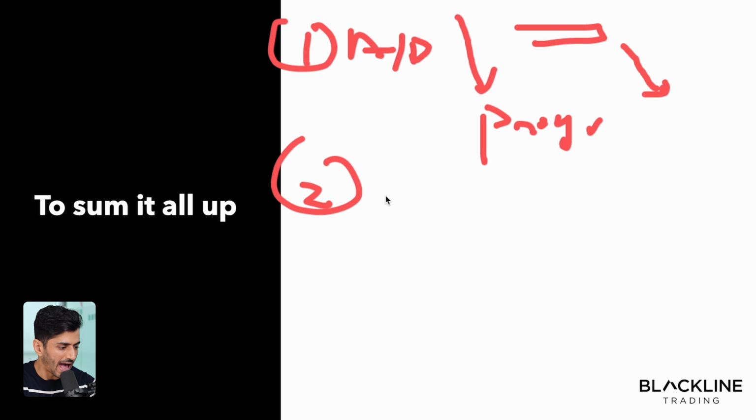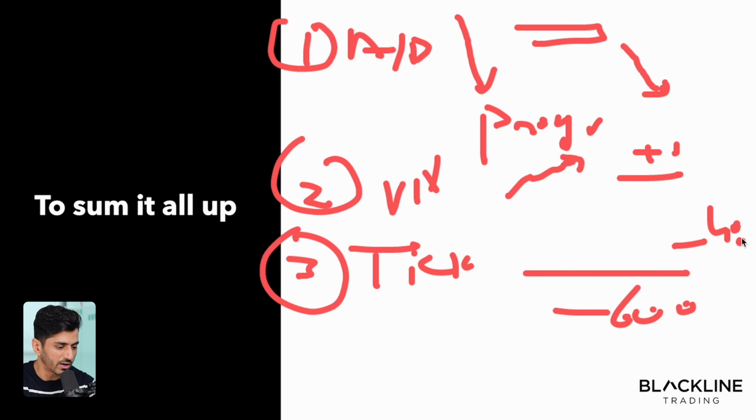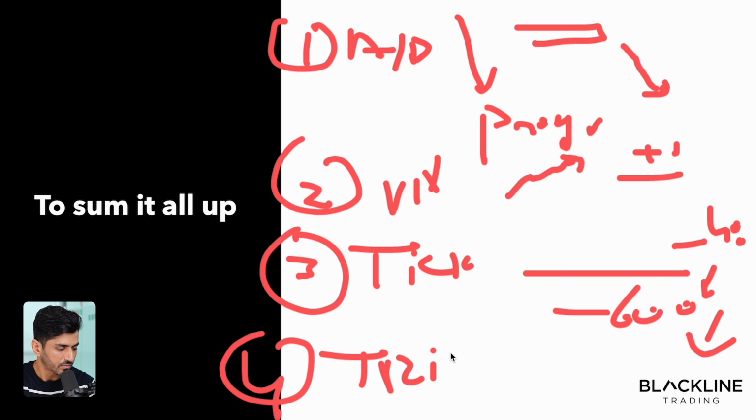Second, you want to look at VIX continuing to pump or going towards positive readings. Third, you want to look at tick continuously giving you negative readings, staying below -600 or starting below -400 and going towards extreme levels. And fourth, you want TRIN to align as well.